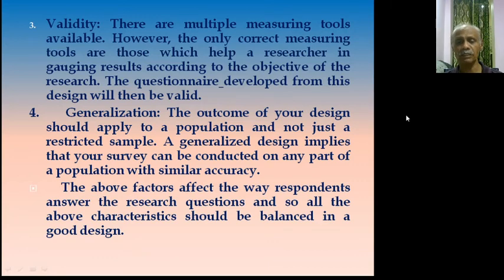The outcome of your design should apply to a population and not just a restricted sample. A generalized design implies that your survey can be conducted on any part of a population with similar accuracy. The above factors affect the way the respondents answer the research questions, and so all the above characteristics should be balanced in a good design.